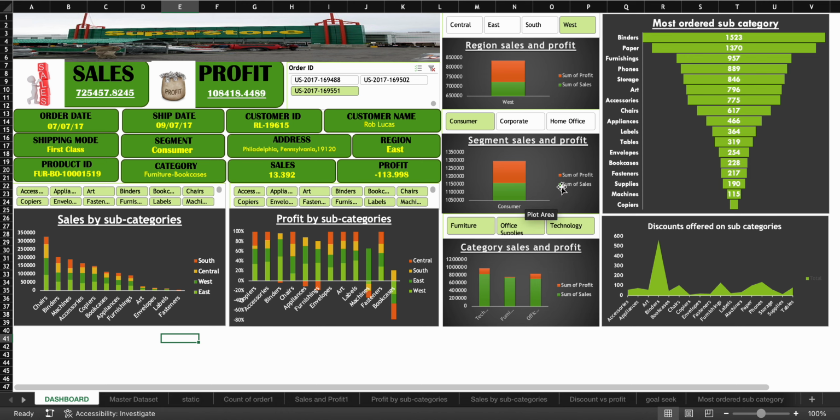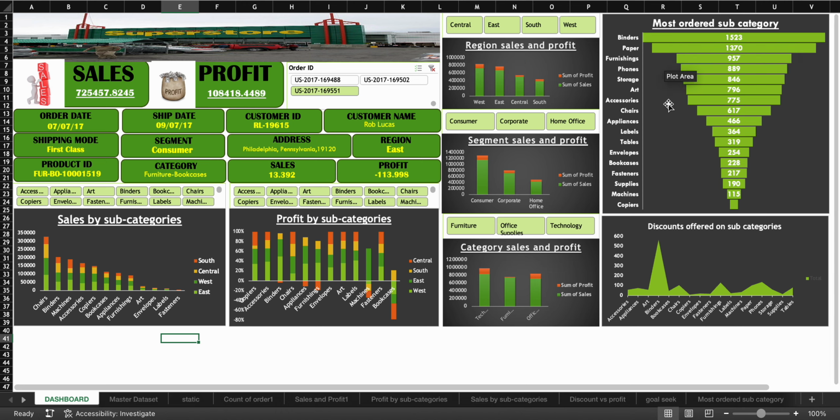Here you can see the colors: green is for sum of sales, and sum of profit, for corporate, for home office. Now this is category wise: furniture, office supplies, and technology. Category wise, how much is the sum of profit and sum of sales. I've given everything over here, so the company, rather the superstore, can get a clear picture of where it needs to work, in which segment, in which categories, and which subcategories to increase the sales and the profit.